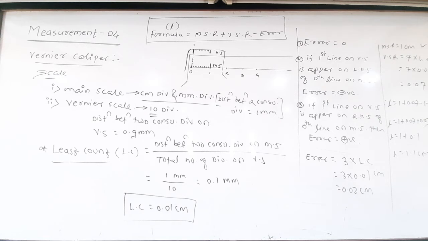So this is the method of measuring small lengths. How to measure the long distances, that we have already seen. Now how to measure the small length. So this is a very important device called the vernier caliper.